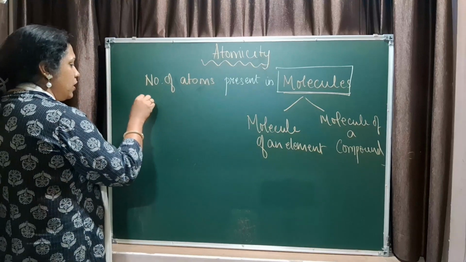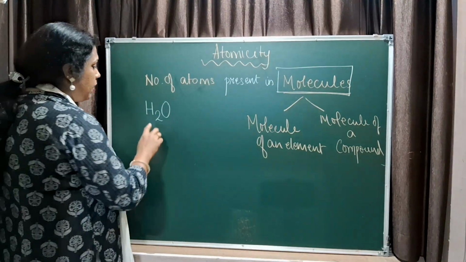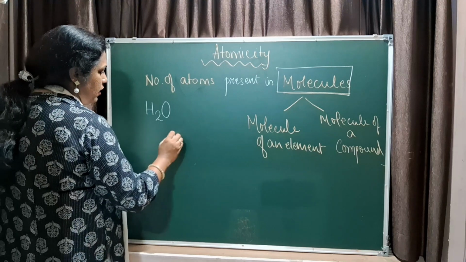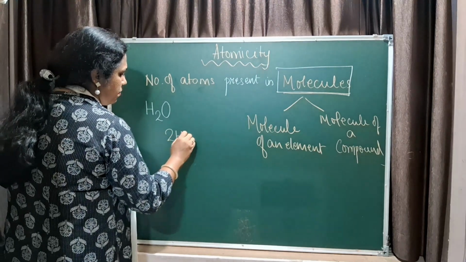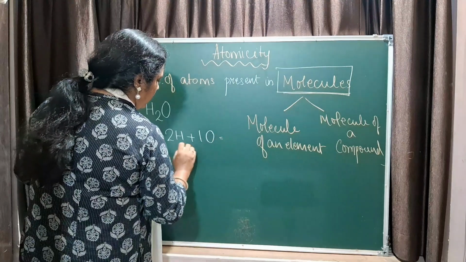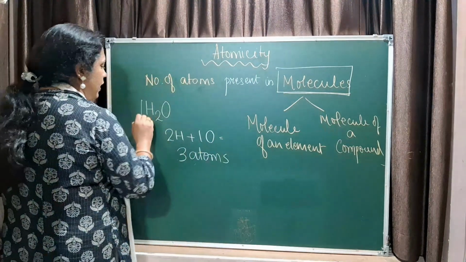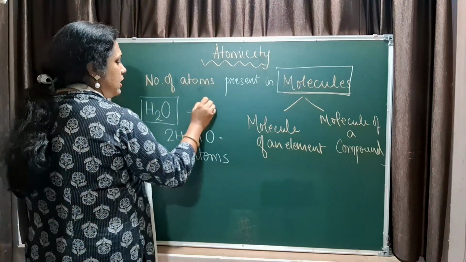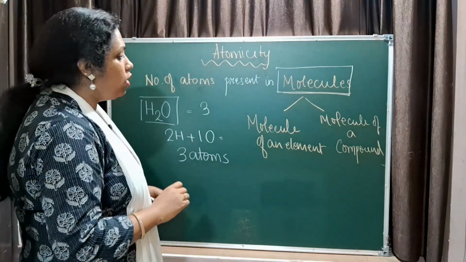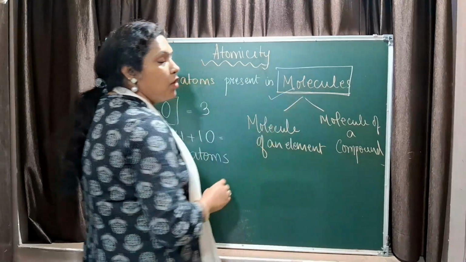If I say water, H2O, number of atoms present here is 2 H atoms plus 1 O atom, that is total it has got 3 atoms. So atomicity of H2O is 3. Always remember, whenever we talk about atomicity, we are talking about molecule.